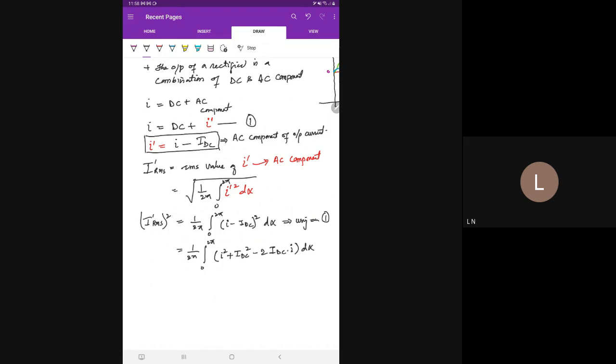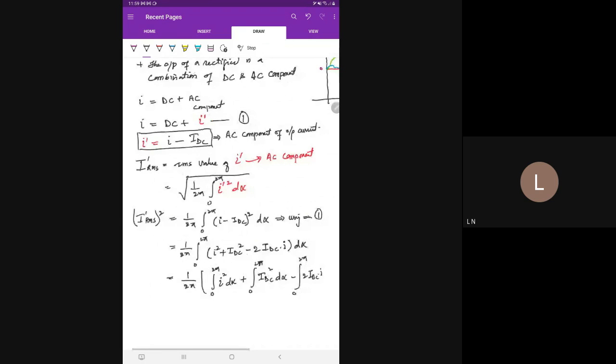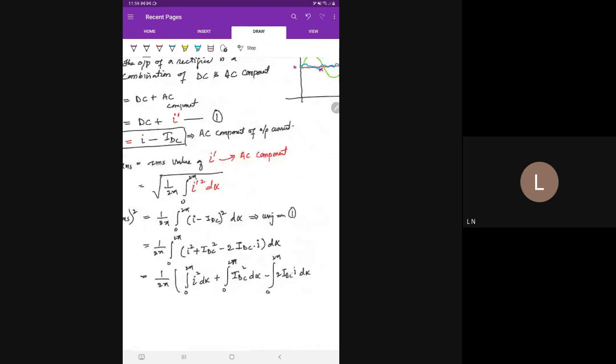This will be equal to 1 by 2 pi, then we can give this integral separately to each term: integral of 0 to 2 pi I square d alpha, plus integral of 0 to 2 pi I dc square d alpha, minus integral of 0 to 2 pi twice I dc into I, d alpha.